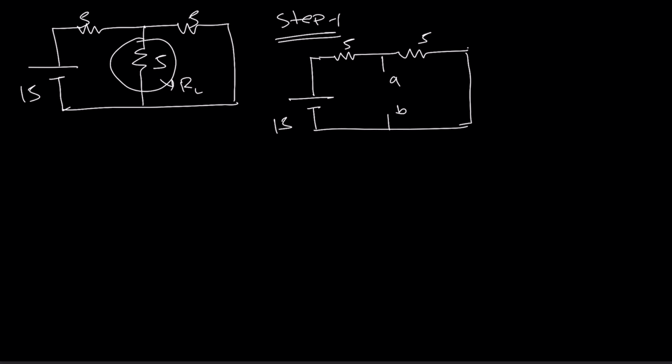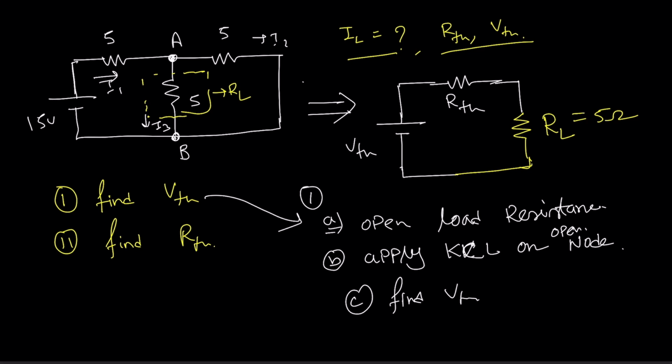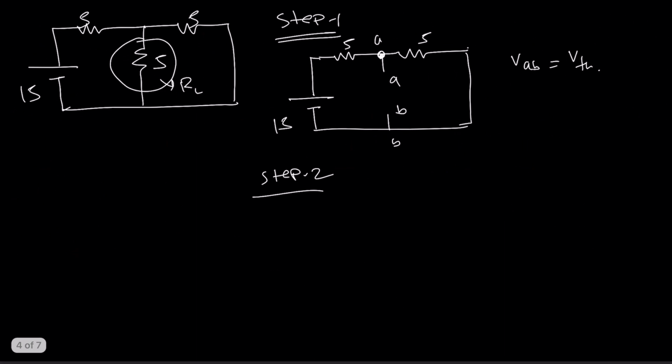Like this, right? So now we need to apply KCL at this node, and we need to find out the value of VAB, which is VTH. Okay, so step 2, apply KCL. Here you can see step 1 is to open the load resistance, and step 2 is to apply KCL at node A. What can we write down?